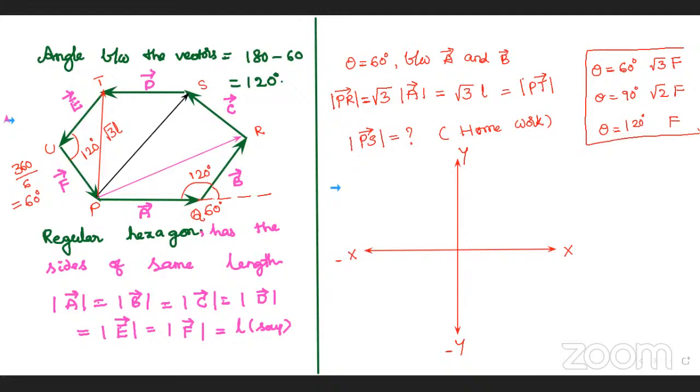Now what I am doing here, I am keeping three vectors, all three are position vectors. Position vectors means taken from the origin. All are having equal magnitude.